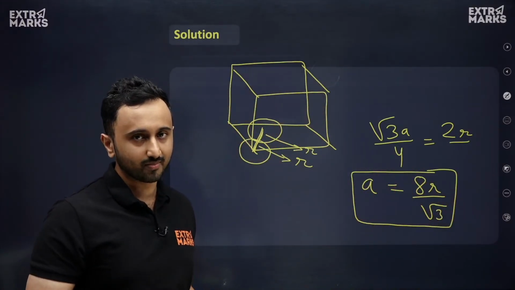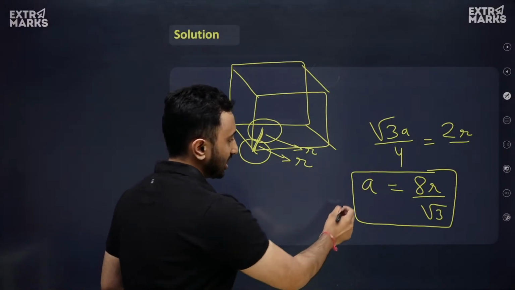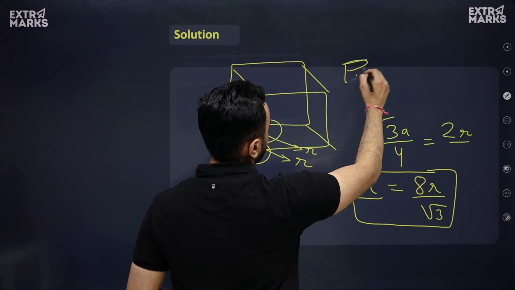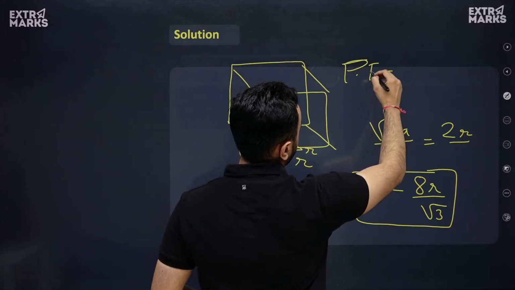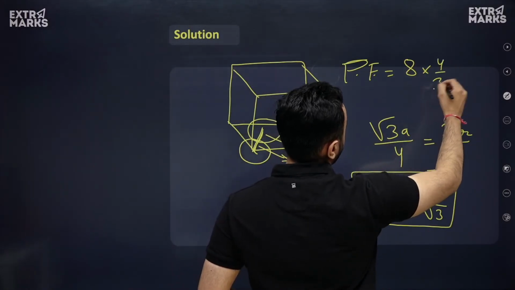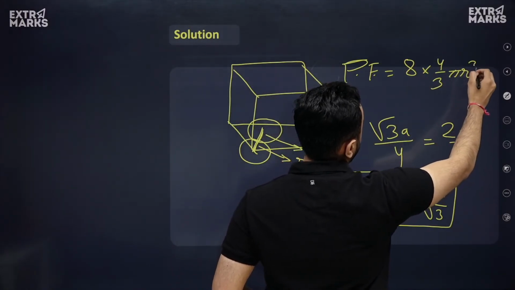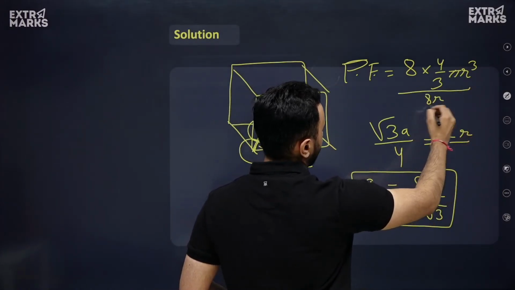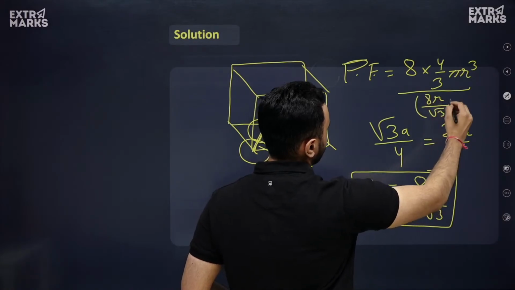Now it's very simple. You just need to put this a value in the equation that we have for packing fraction, which is 8 into 4 by 3 pi r cube divided by a cube, where a is 8r divided by root 3, whole cube.